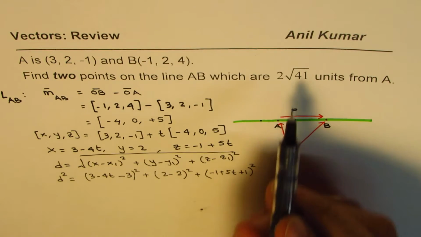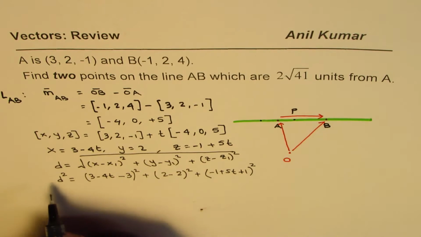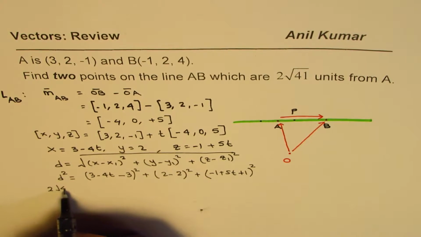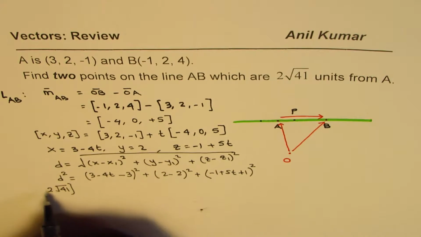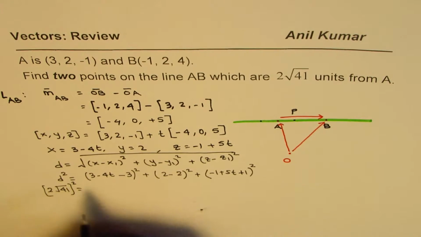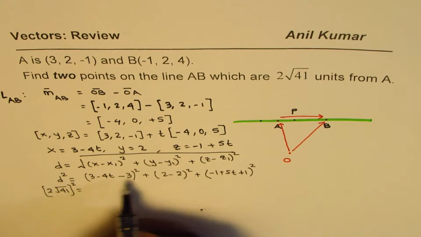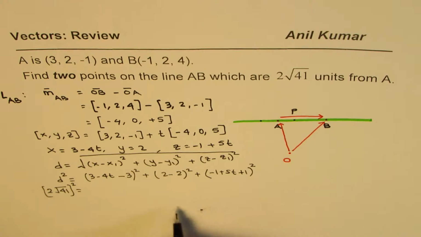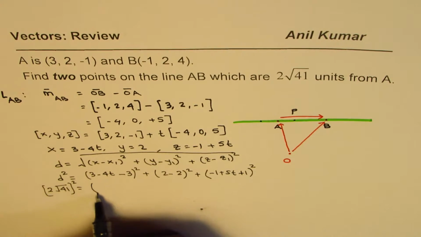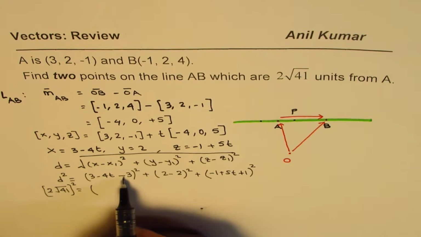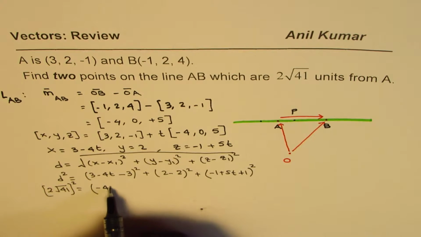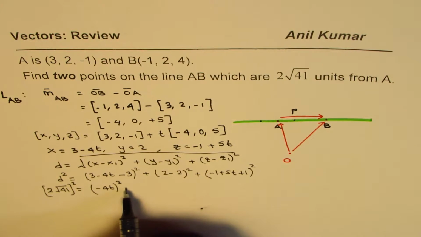Now the distance is 2√41, so d squared is (2√41) squared. We can simplify this a bit and then square. 3 minus 3 is 0, so we get (-4t) squared plus 0.